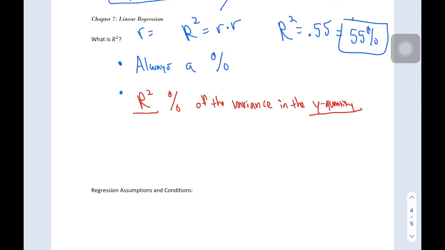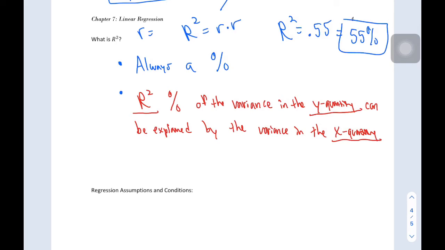So whatever it is that the y quantity is, so like I think in our case it was total cost, can be explained by the variance in the x quantity.